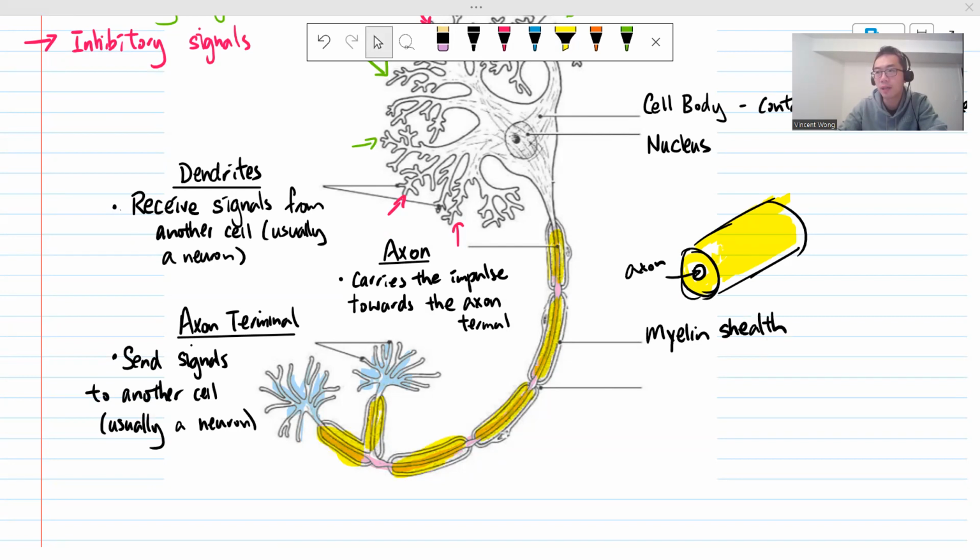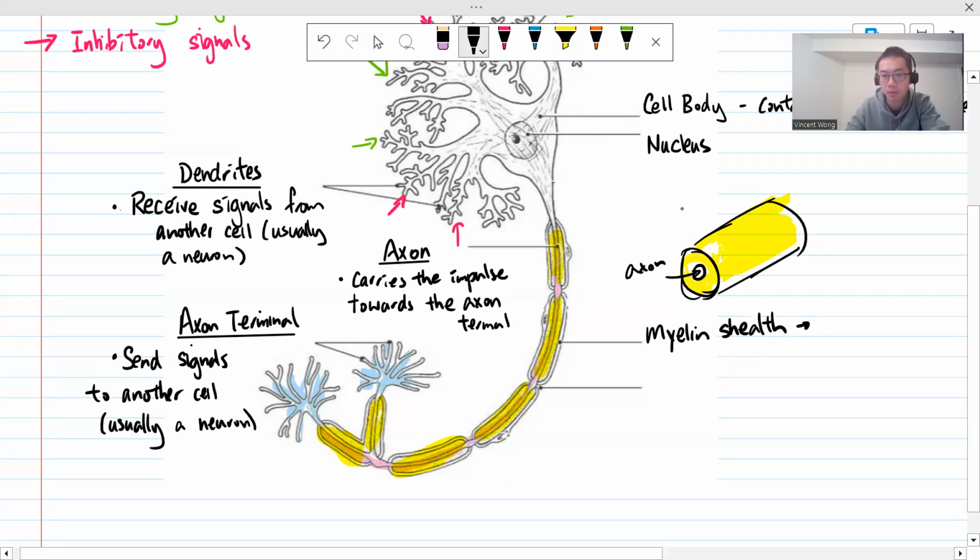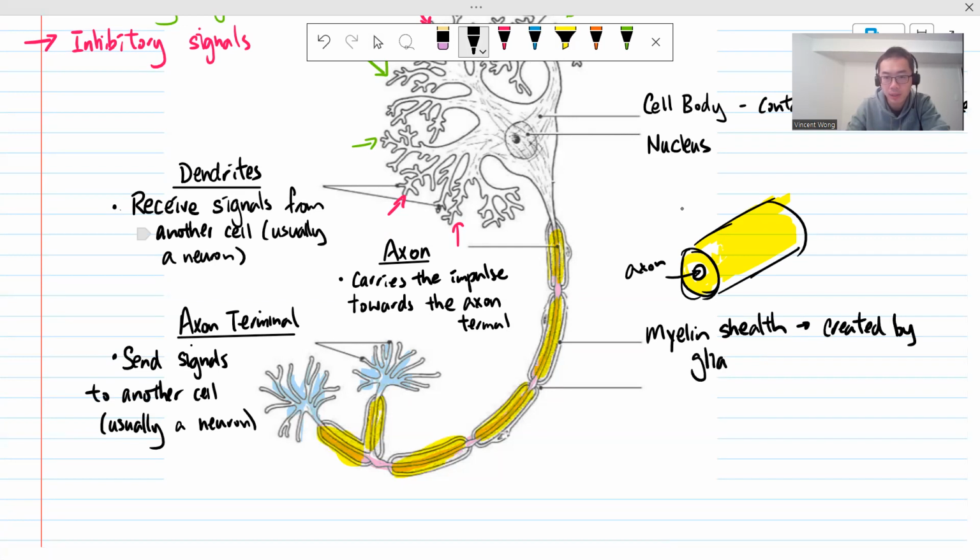The myelin sheath is created by the glial cells. Depending on whether you are in the central nervous system or the peripheral nervous system, the kind of cells that are involved would be different, and I'll tell you about them later on. But the purpose of the myelin sheath is to speed up conduction.